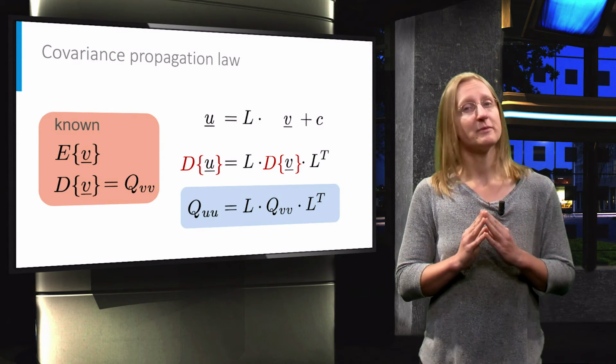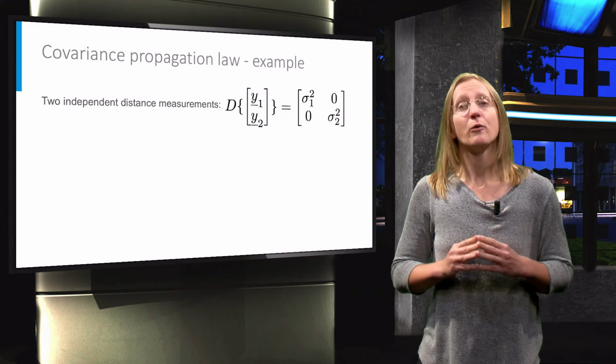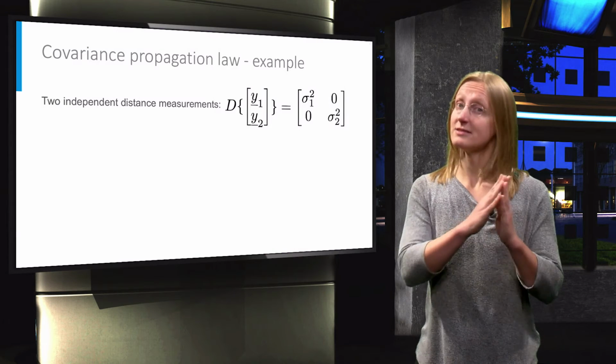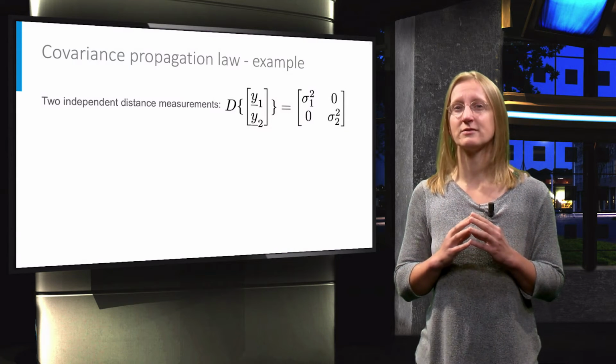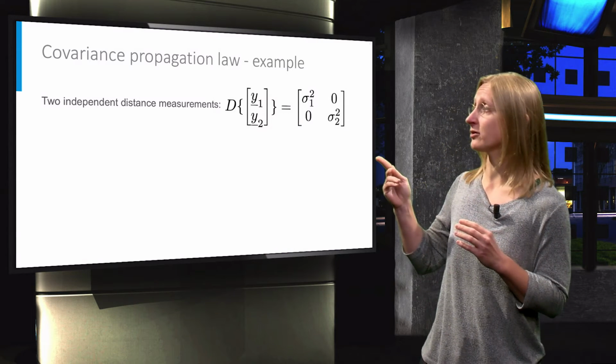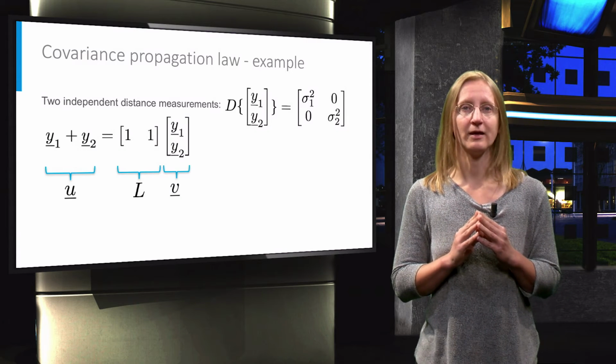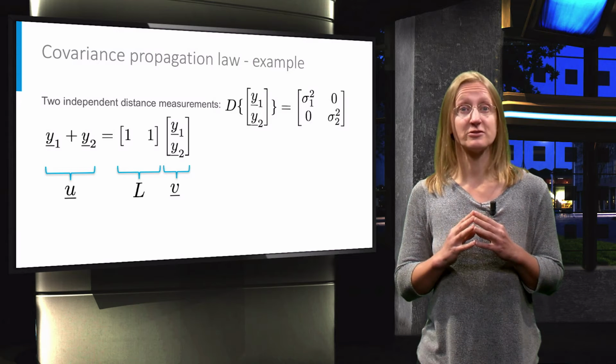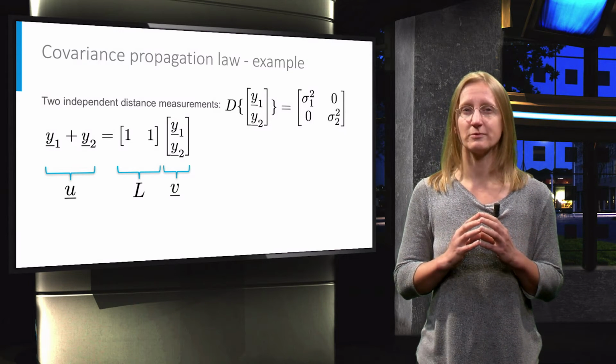Applying this to the same example as before, we now need the dispersion of the observation vector. And since the observables are independent, this will be a 2 by 2 diagonal matrix. The linear function we are looking at was the sum of the two random variables.